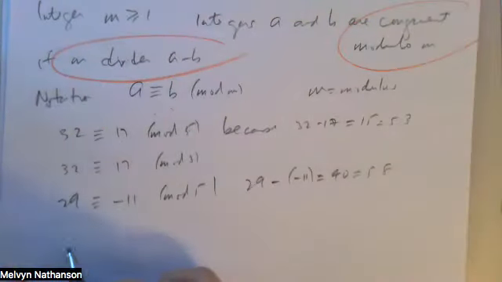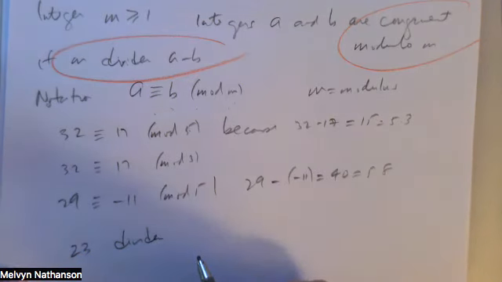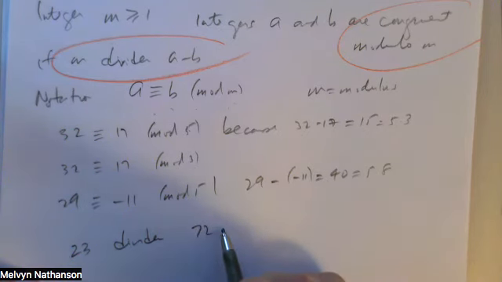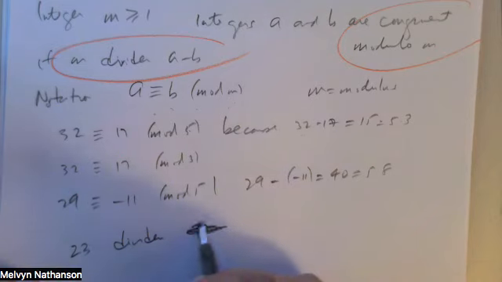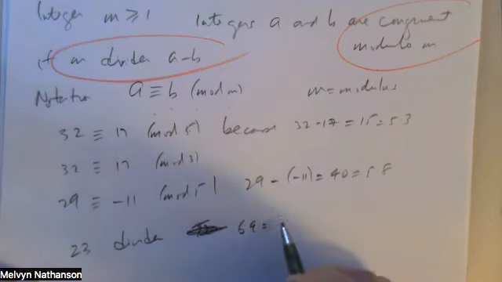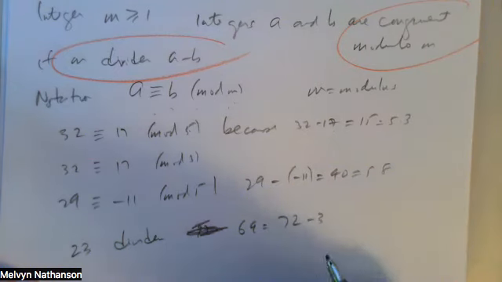Let's see, does 23 divide 72? Well, 23 divides 69, which is 72 minus 3.